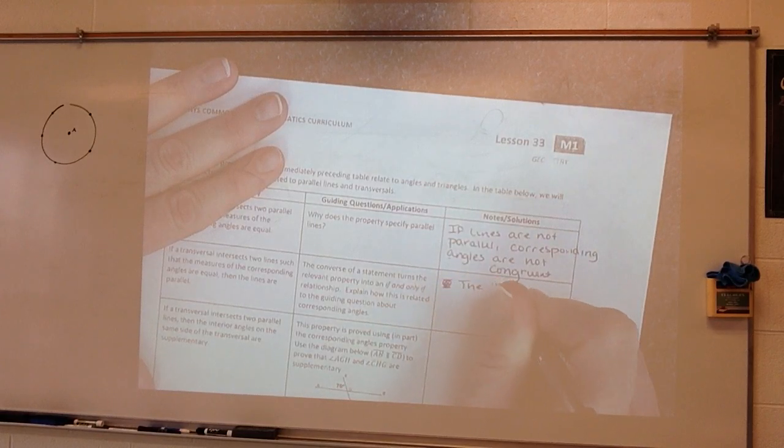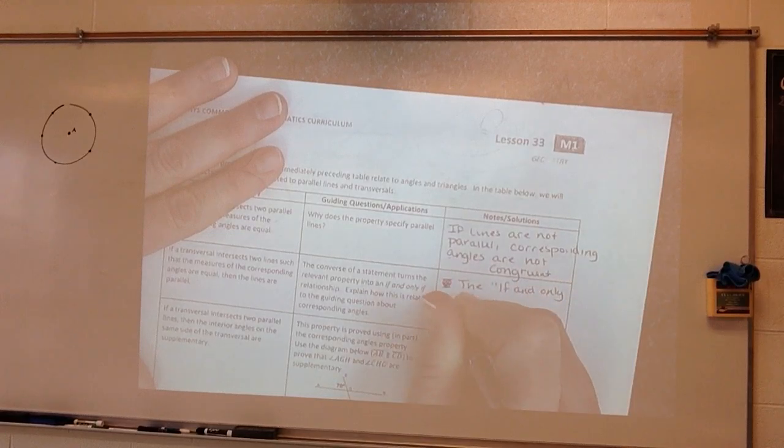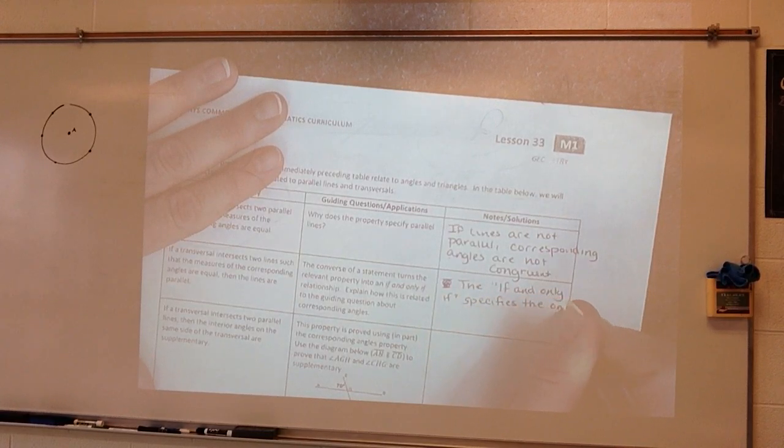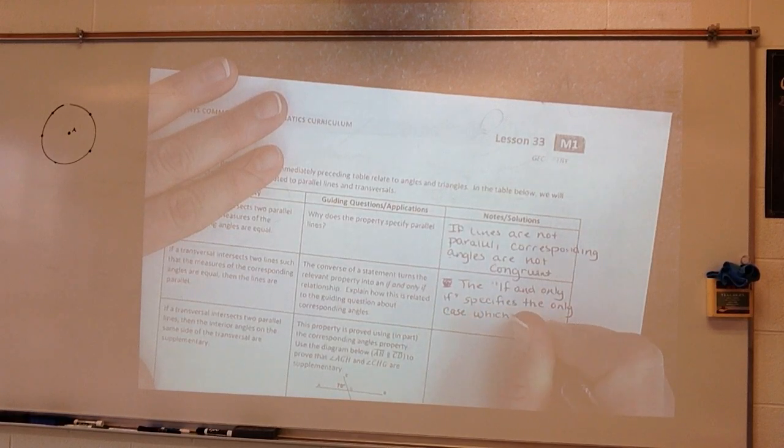So the if and only if specifies the only case in which corresponding angles are congruent.